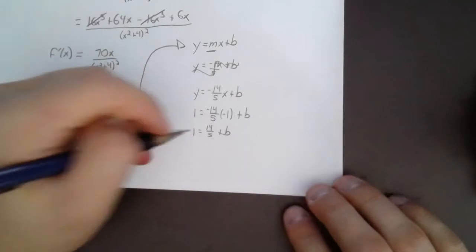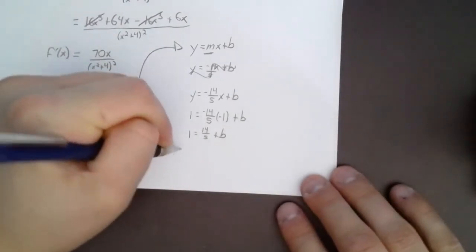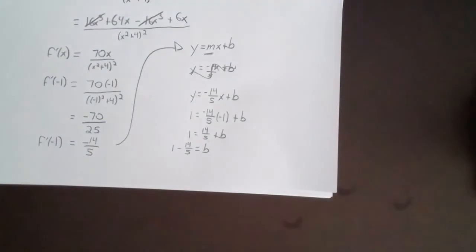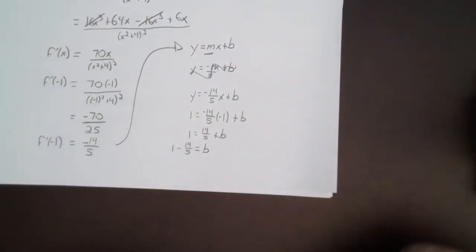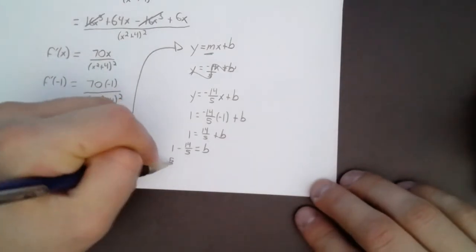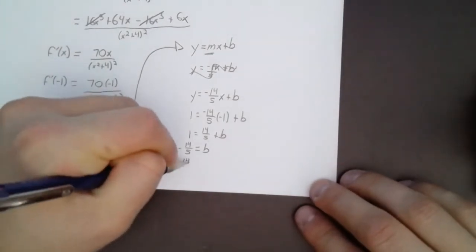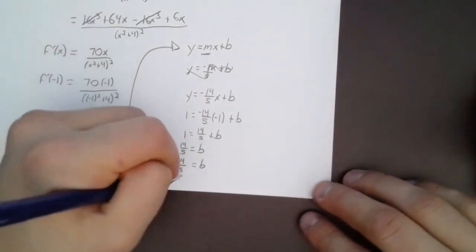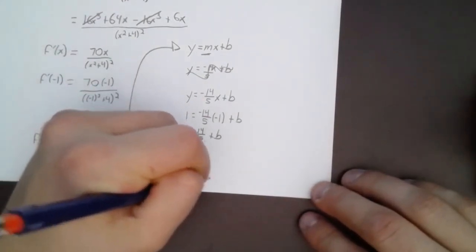So we're going to have 1 minus 14 over 5 equals b. When we're adding or subtracting fractions, we need to have a common denominator. So I'm going to change 1 into 5 over 5, minus 14 over 5 equals b. And therefore, b equals negative 9 over 5.